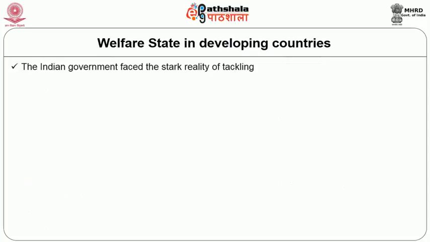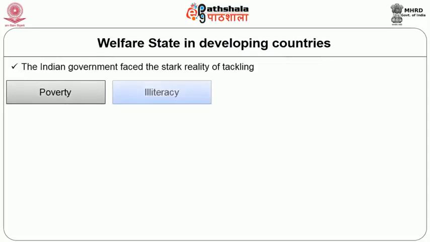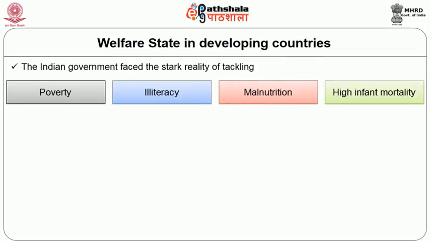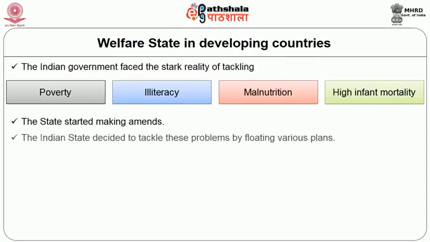The Indian government faced the stark reality of tackling poverty, illiteracy, malnutrition, high infant mortality, etc. The state started making amends. The Indian state decided to tackle these problems by floating various plans.